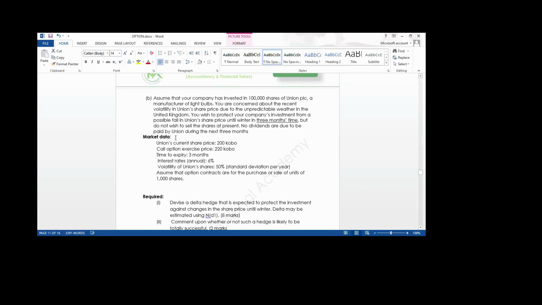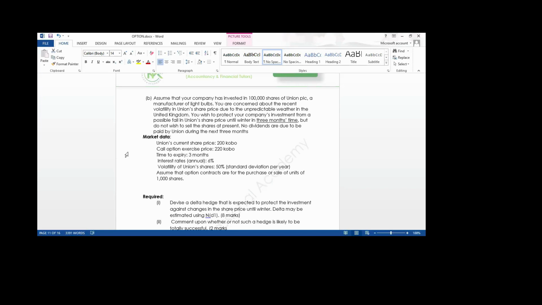You are concerned about the recent volatility in Union share price due to the unpredictable weather in the United Kingdom. You wish to protect the investment from possible fall in share price until 3 months' time, until winter, but do not wish to sell the shares. No dividends are due to be paid by Union during the next 3 months.